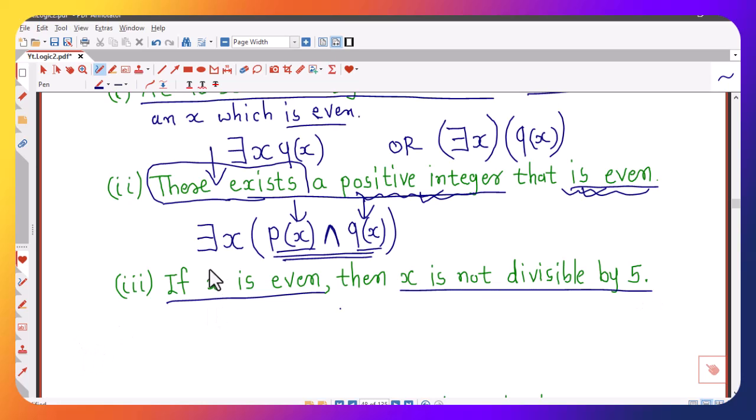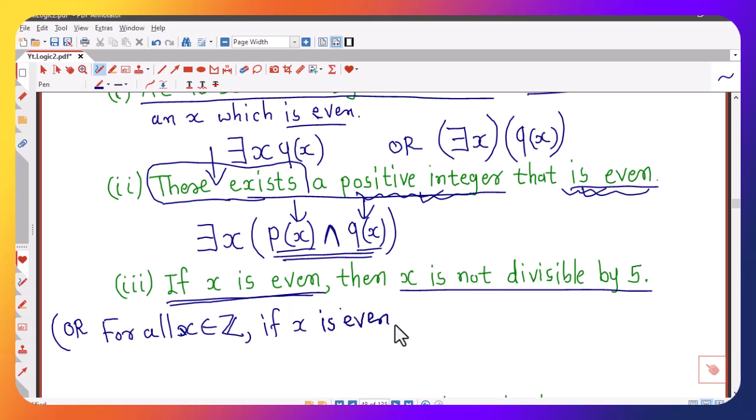Next statement is: if x is even, then x is not divisible by 5. This means that for any x which is even, x cannot be divisible by 5. We can write this equivalently as: for all x in the set of integers, which is the domain, if x is even, then x is not divisible by 5.